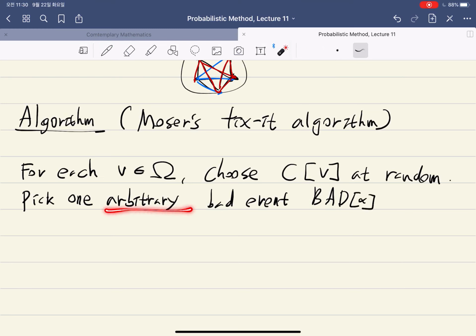Here, you can choose anything arbitrary, but if you want to make it more clear, then you give an ordering between bad events, and then you choose the bad event which has the most priority in the ordering. So just choose any arbitrary deterministic ordering, and then according to that ordering, you choose the bad event among all the bad events that happened.